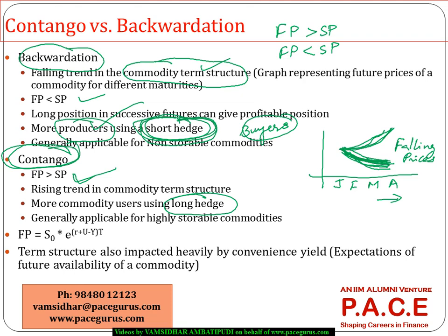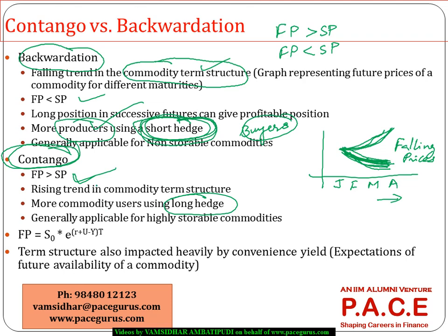And if I have to link it with respect to storage, when I am looking at a non-storable commodity, obviously it is better to consume it today itself, otherwise I need to have a big advantage to store it. So generally we see non-storable commodities forming a kind of backwardation, whereas storable commodities get into a contango position in a large number of cases.